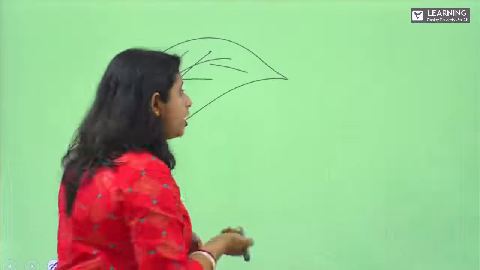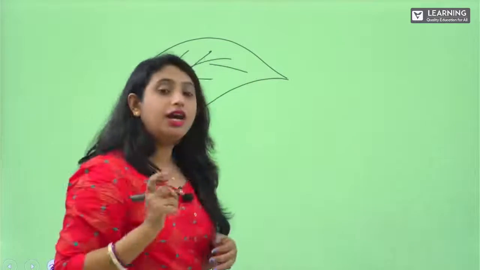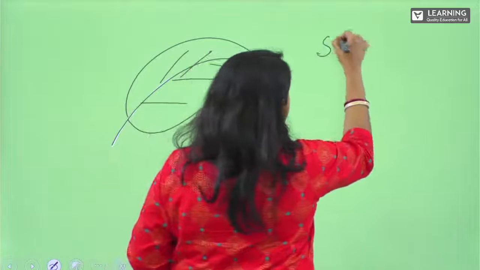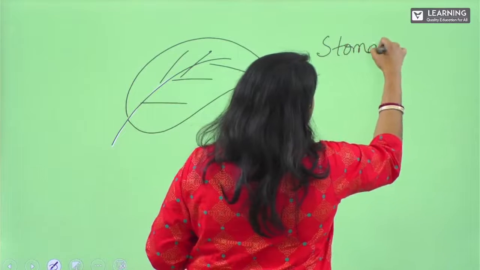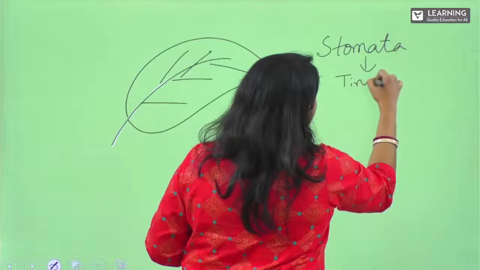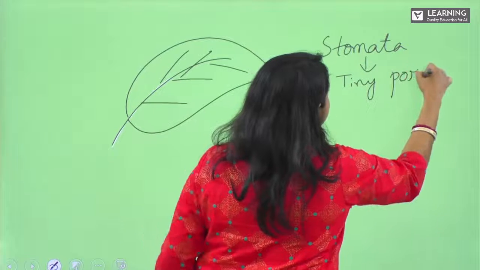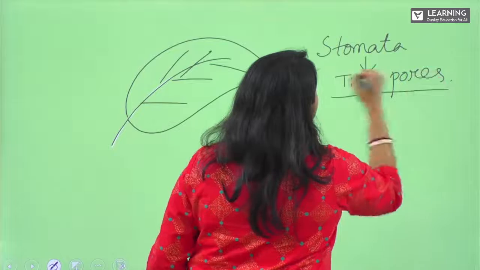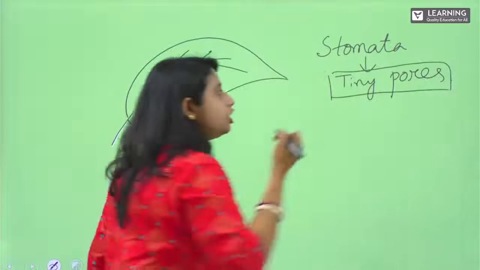So what are the stomata? These are the tiny pores which are present in the leaves. What is the function of the stomata?